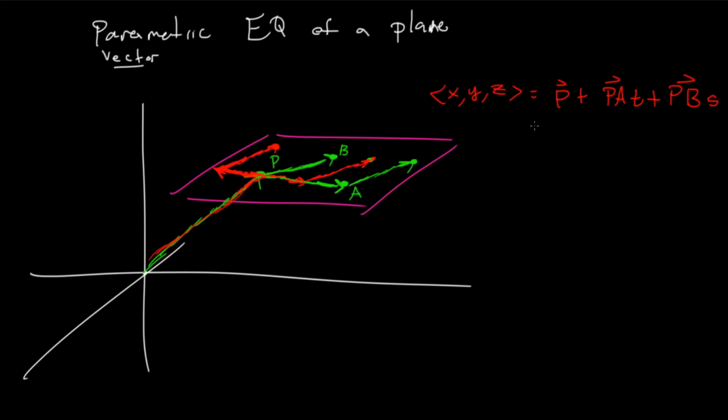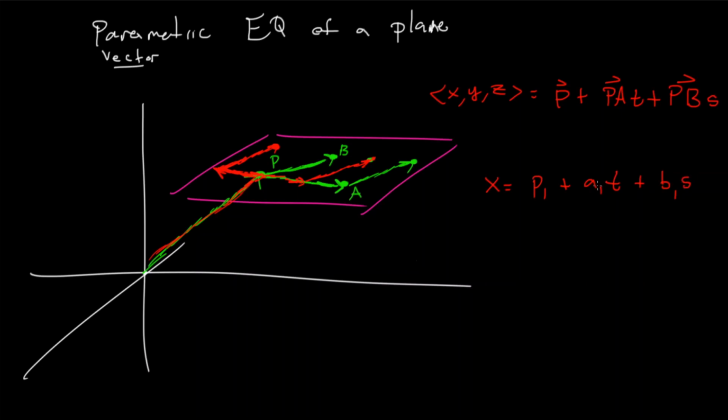How does this relate to the parametric equation of a plane? I can decompose this. So x is equal to p1, the x component of the position vector, plus a1, the x component of the PA direction vector, multiplied by the parameter t, and then b1, the x component of the PB direction vector, times the parameter s.